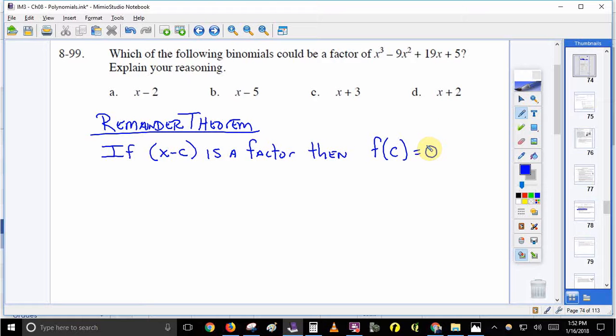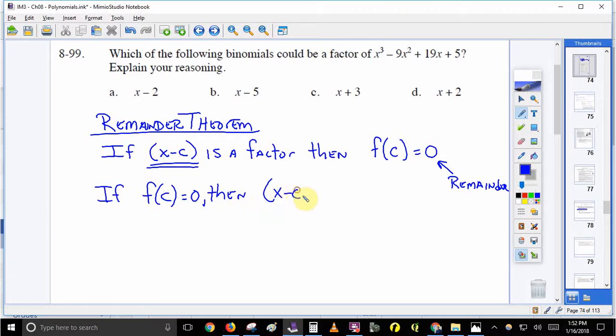More generally, it says that whatever this number equals is the remainder when you divide f of x by that proposed factor. We can also say the converse, that if f of c equals 0, then x minus c is a factor.